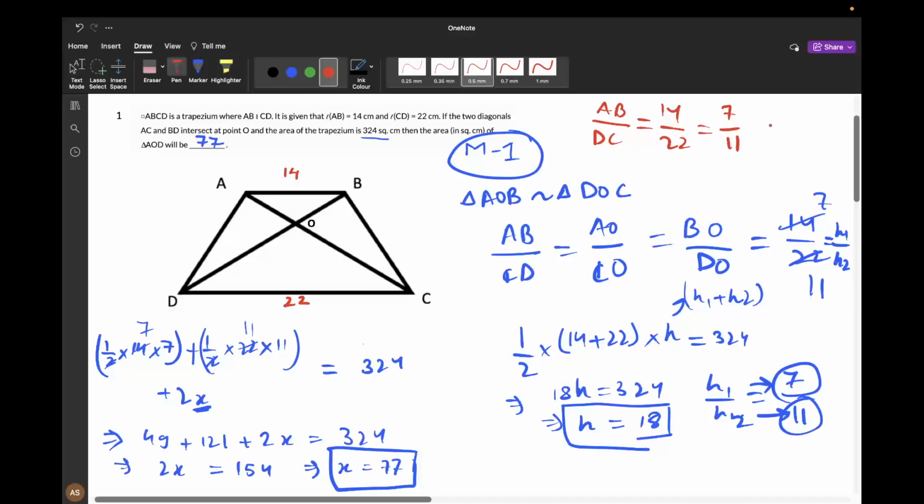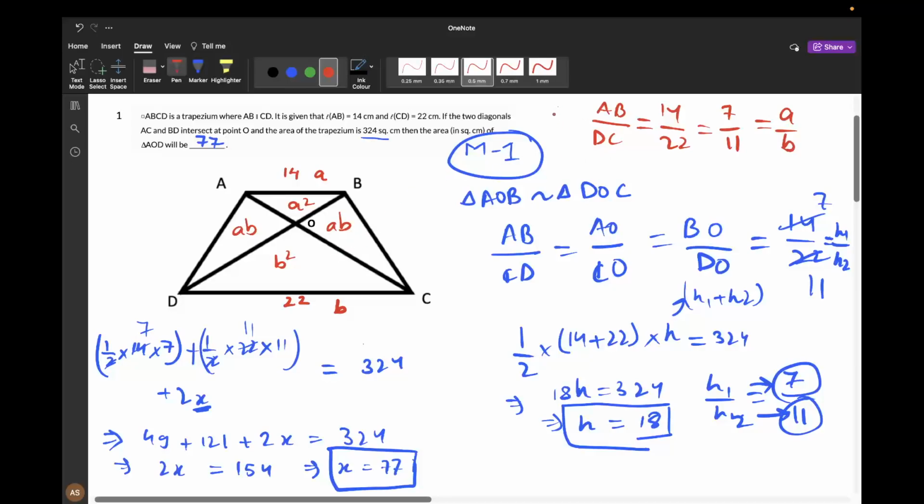Now, if AB and CD are in the ratio of A and B, then the area of AOB is A square, the area of DOC is B square, the area of AOD is AB, and similarly, the area of BOC is also AB.